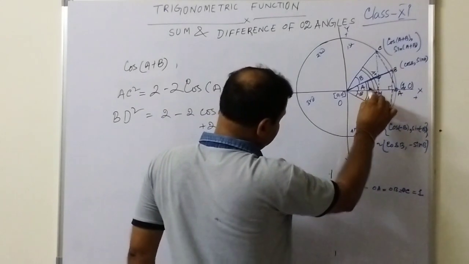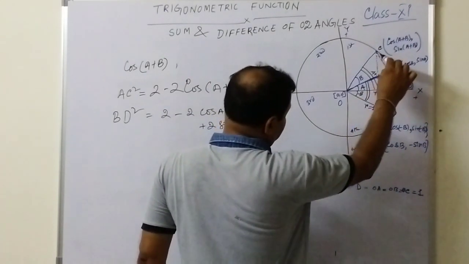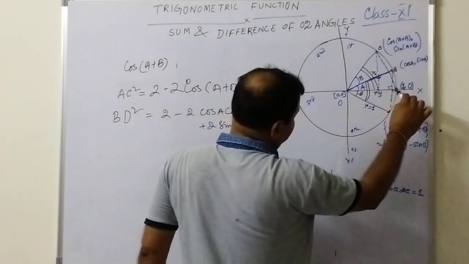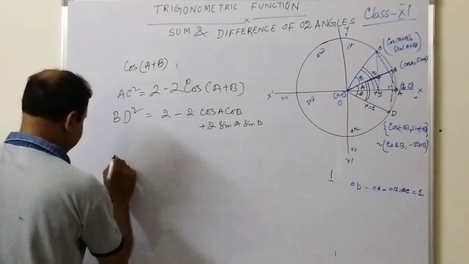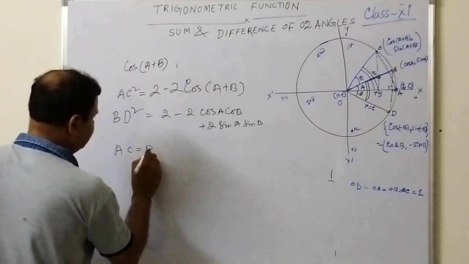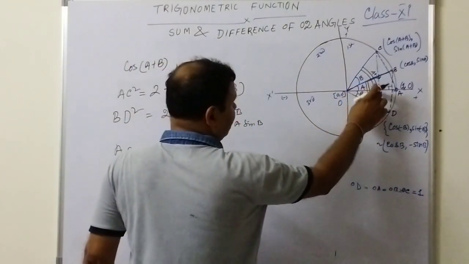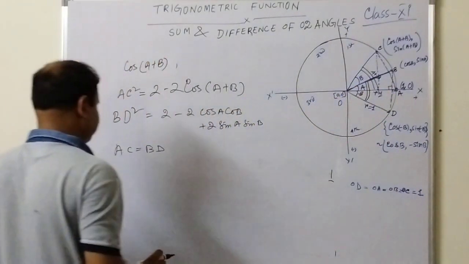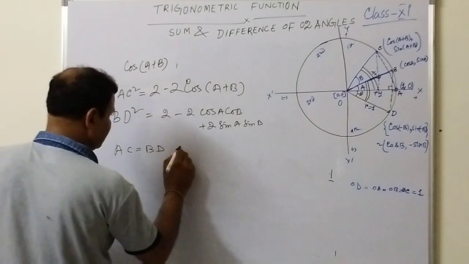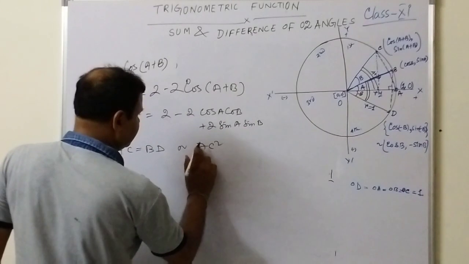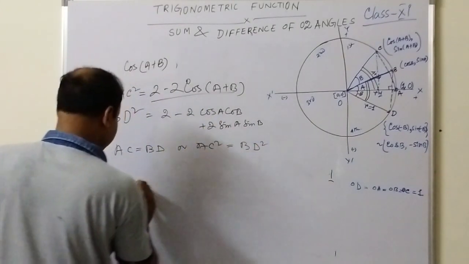AC, as this also has angle A plus B, so arc length BD will be the same. That means the distance CA equals BD, because both make the angle of A plus B at the center. So AC square equals BD square.